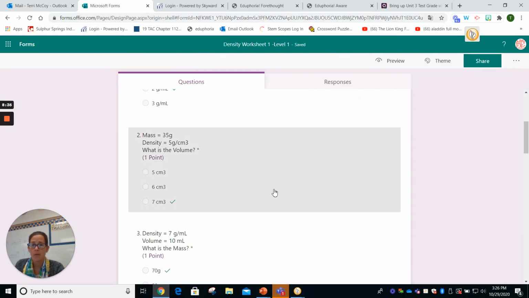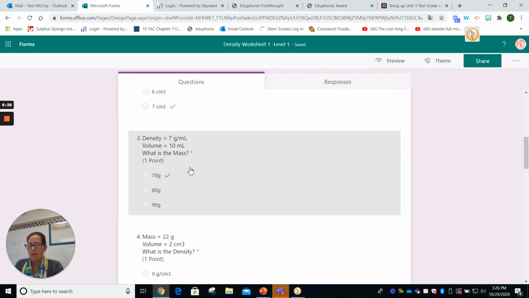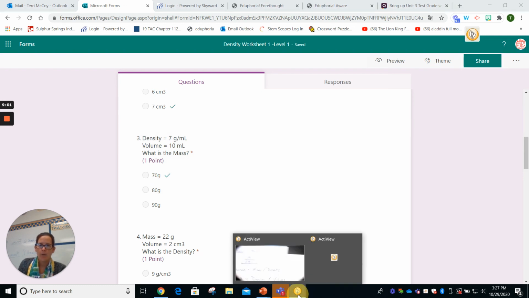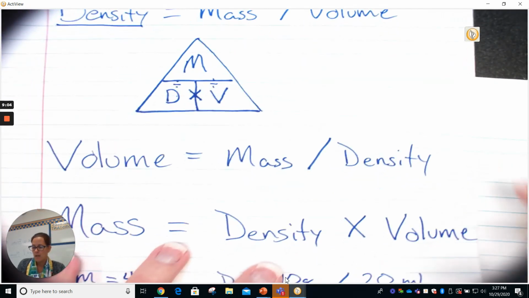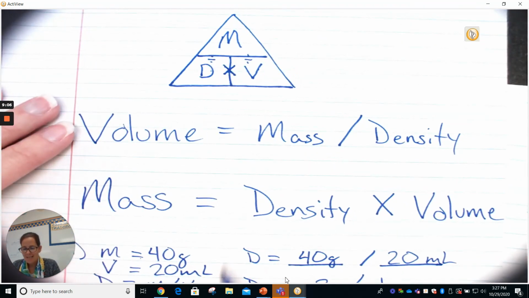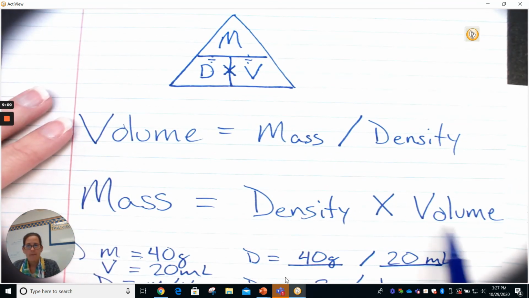We're going to do number 3 together, and then I'm going to let you work on the rest of them on your own. Okay, so here we have density equals 7 grams per milliliter. The volume equals 10 milliliters, and we want to know the mass. Okay, so let's come back over here to our camera, and we've got mass equals density times volume.